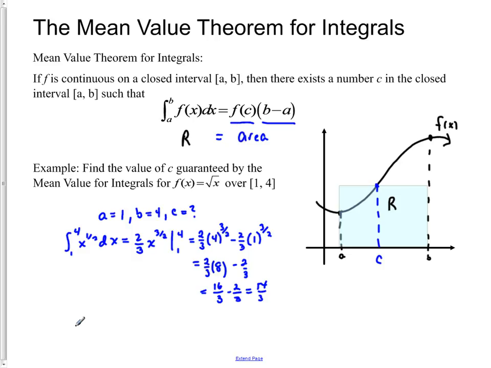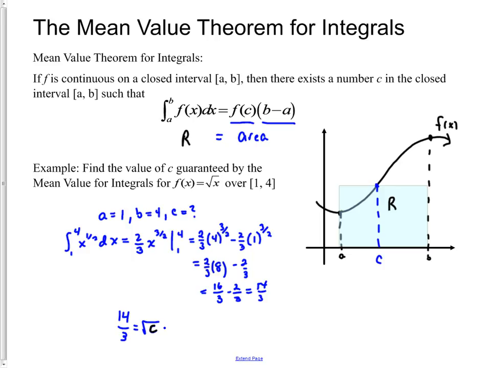All right, so what about our interval? Well, we need to be able to find something that's going to tell us that our value of our definite integral, 14/3, is going to be equal to the square root of some value c times b minus a.